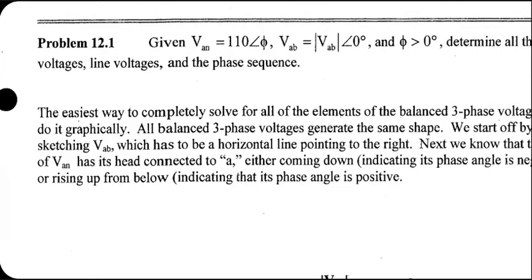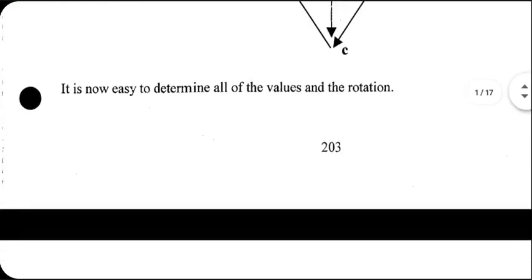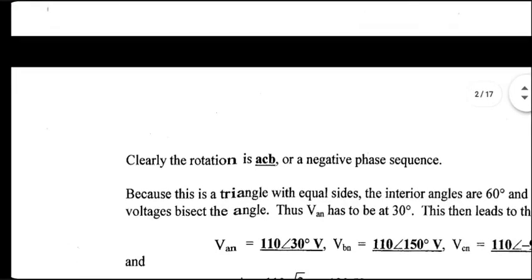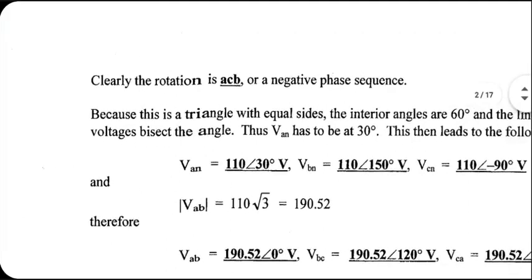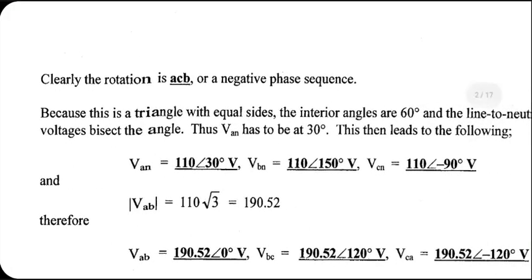Just 1 minute. VAB is 0 degree. Okay, I thought it should be minus 30 degrees. There's something funny here. Anyway, let's believe that solution.